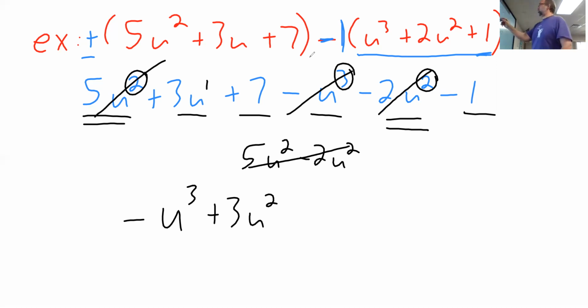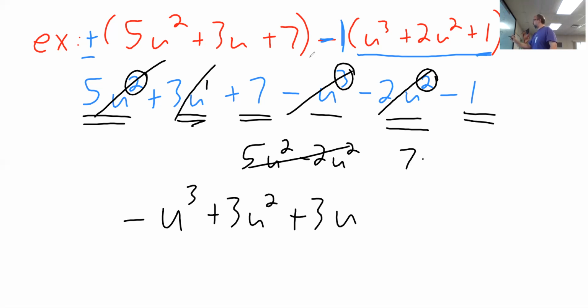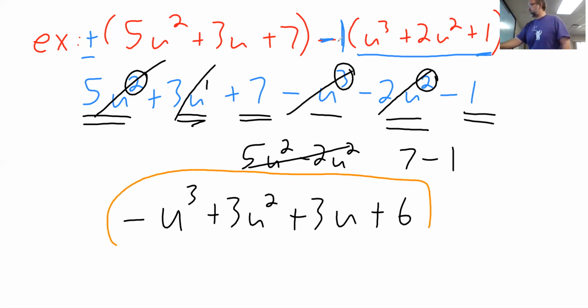Next, we have just the u here, it's the next biggest degree. And there's no other u's by themselves, so we just rewrite that. That's 3u, and that's done. And last we have positive 7 minus 1. So 7 minus 1 gives us positive 6. And that is our standard form answer.